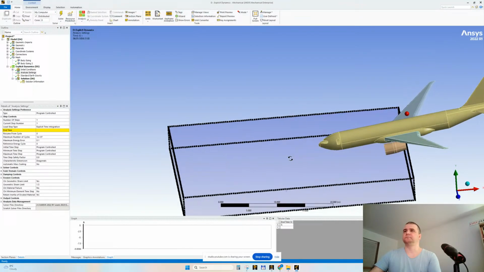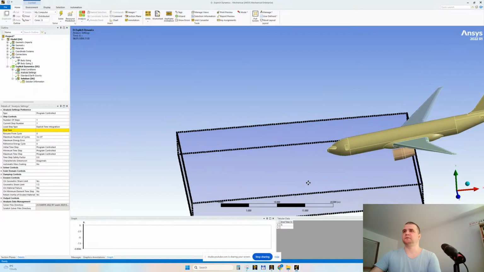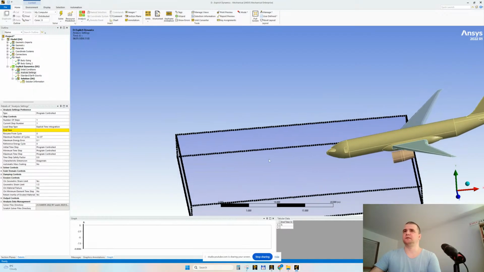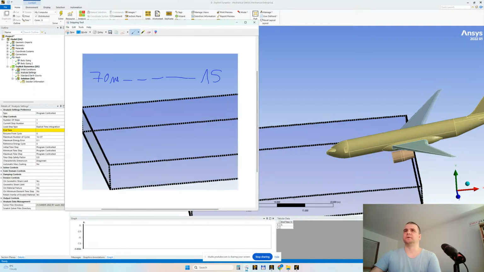Kind of 20 meters, yes, kind of 20 meters. So in my calculation, I will ask, what about 20 meters? How much time do we need as an end time? This is what I'm calculating now, the end time.